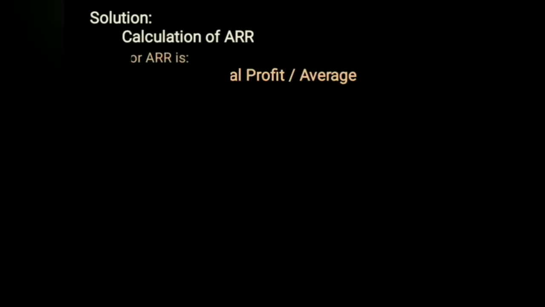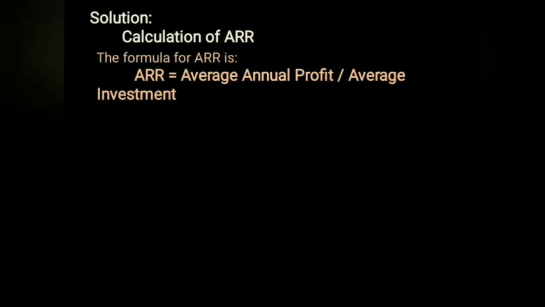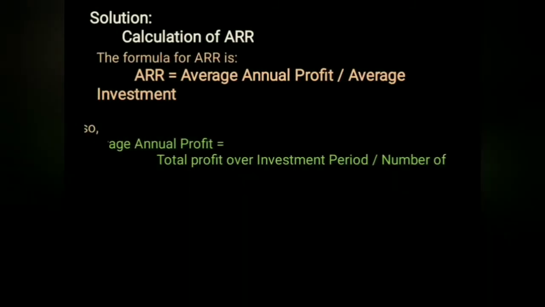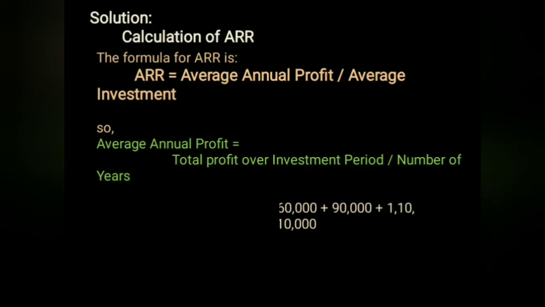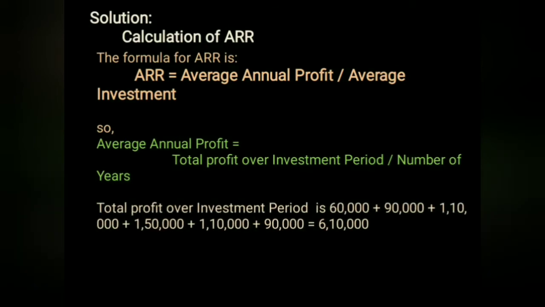The investment period will be 6 years. For this 6 year period, whatever profits we are getting, we have to add over the years. By adding all these net profits, we are getting 6,10,000 rupees, and therefore we will find out the average annual profit.